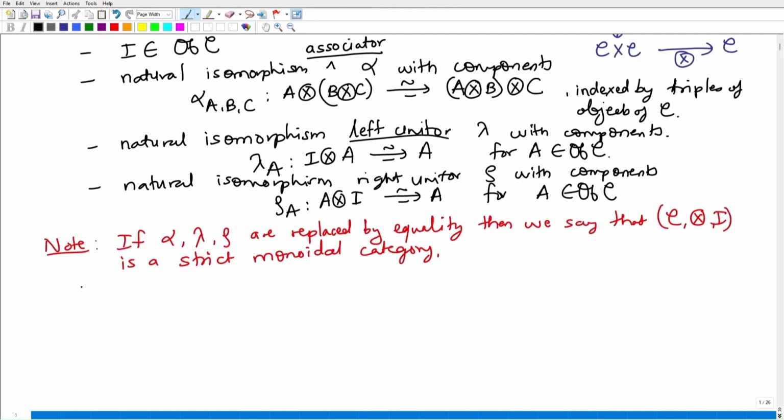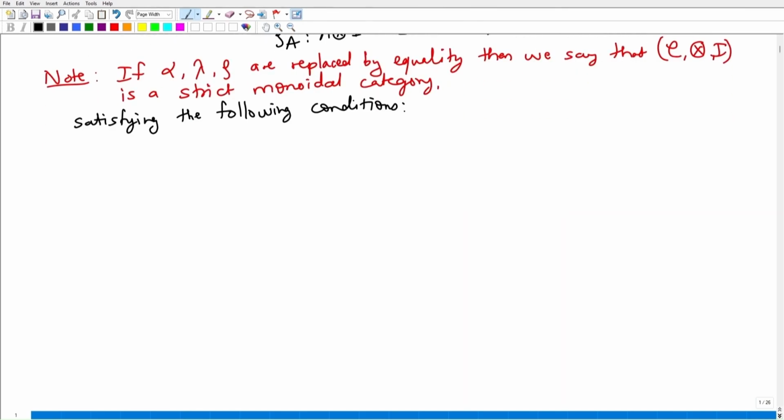So this is the data, satisfying the following conditions. Okay, so first one, we have to talk about this.